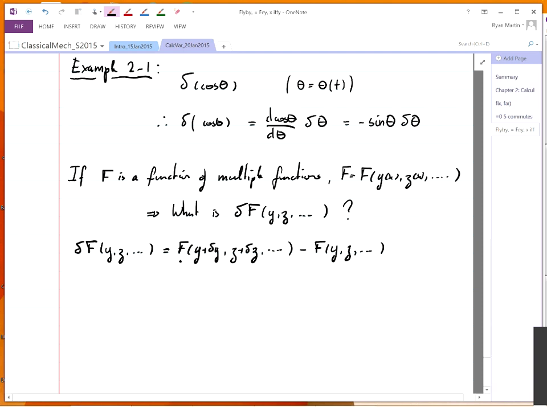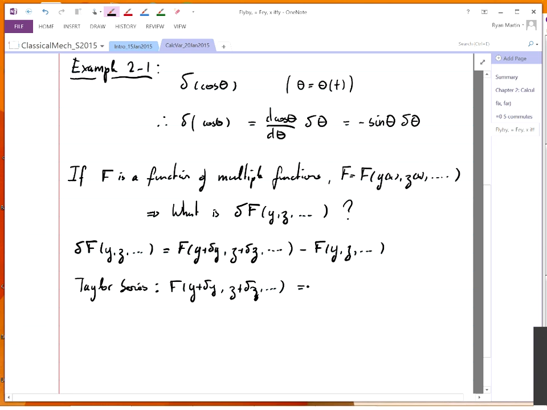So again, we can do a Taylor series expansion of that first term. So f of y plus delta y, z plus delta z, etc.